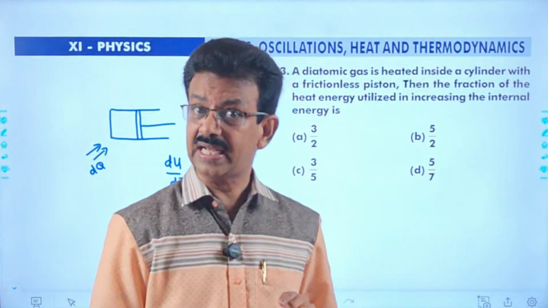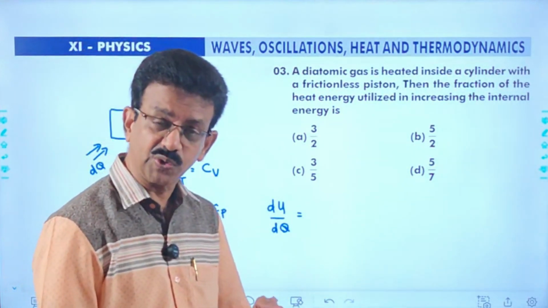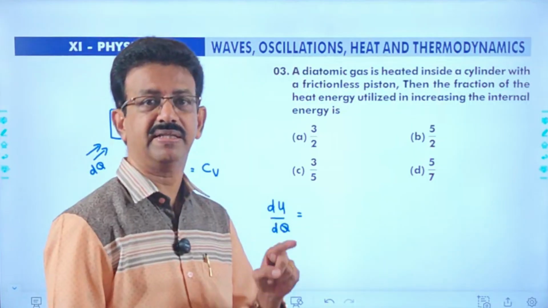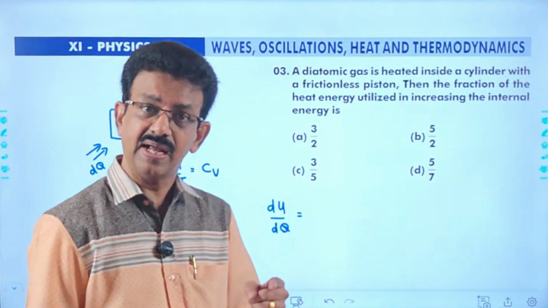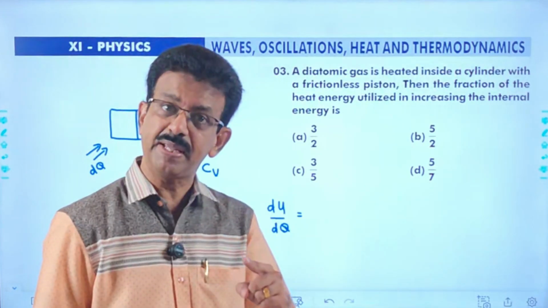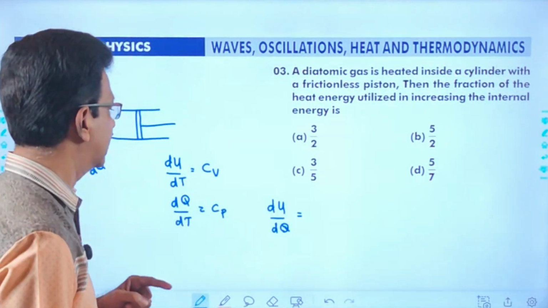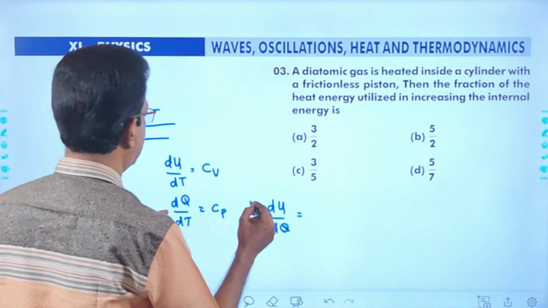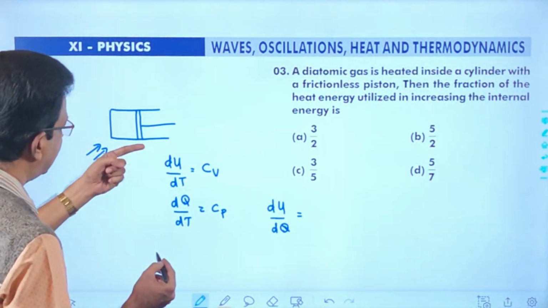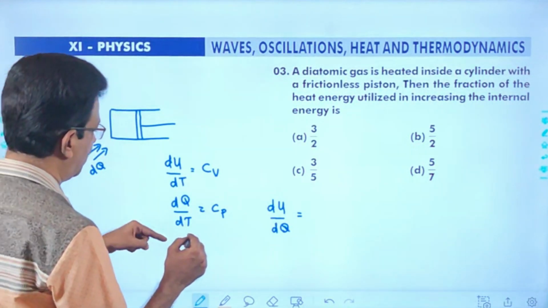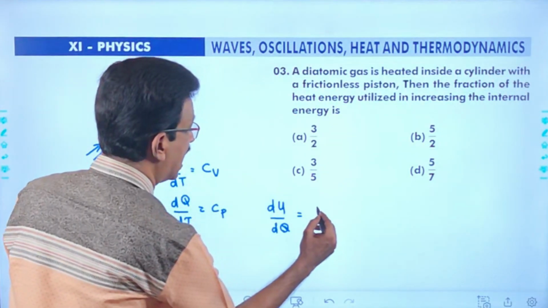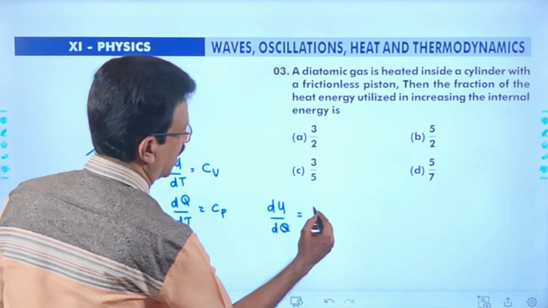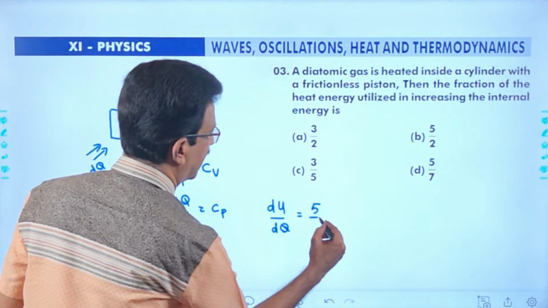a diatomic gas is heated. Here also the equipartition theorem is applicable. Then dU by dT, Cv, becomes 5 by 2 R and dQ by dT, Cp, becomes 7 by 2 R. Therefore, for a diatomic gas, dU by dT divided by dQ by dT will be equal to 5 by 2 R divided by 7 by 2 R, which means 5 by 7.